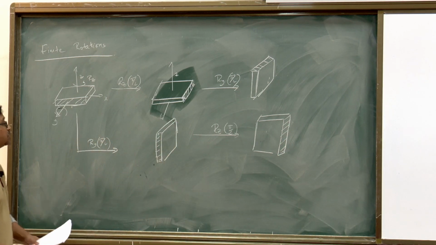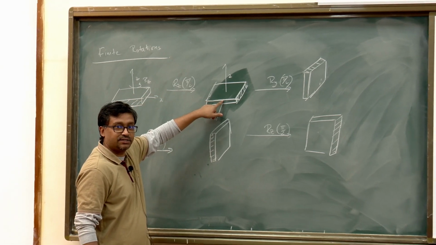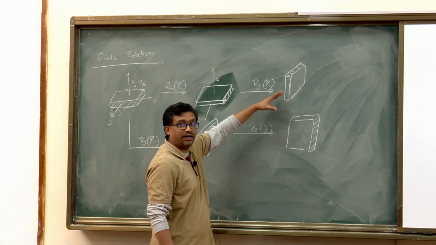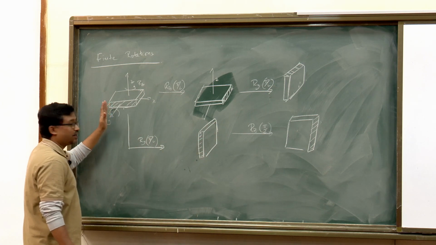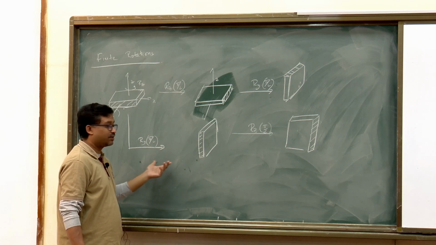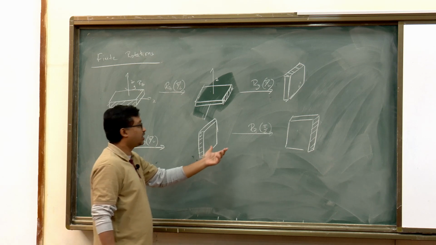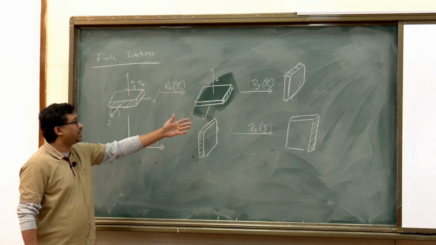We started with this, rotated around z by 90 degrees, and then rotated around y by 90 degrees. This is what we got. We started with the same state. We first rotated around y, we got this, and then rotated around z, we got this. These two are clearly different, right?